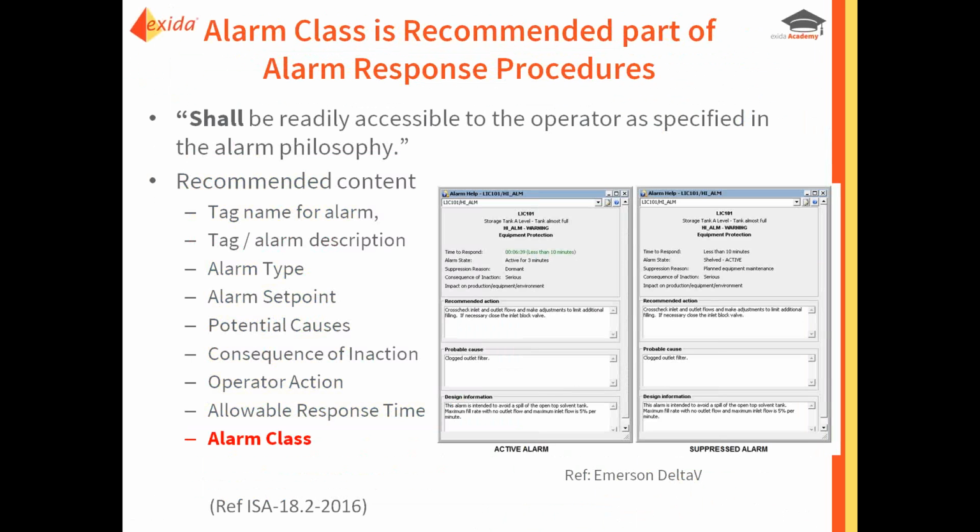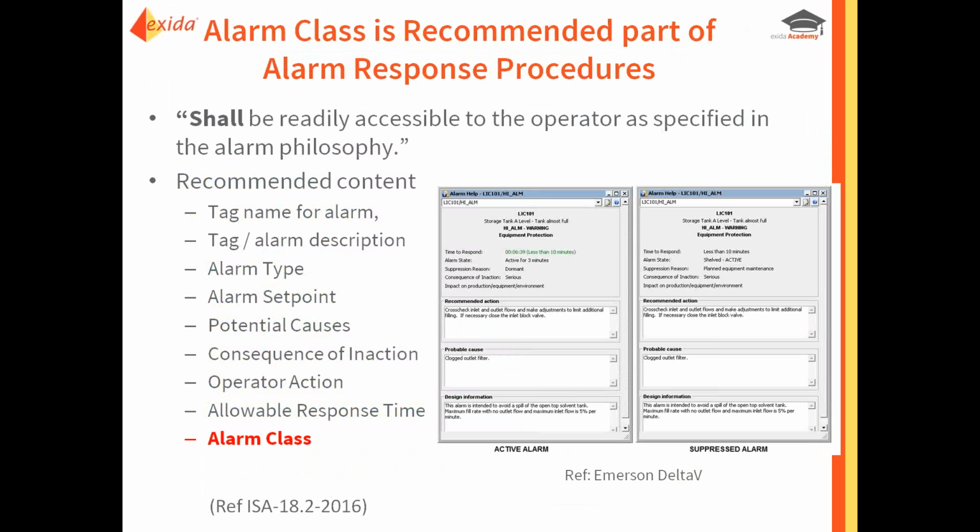Now, class is also mentioned in the requirements discussed around alarm response procedures. What is a response procedure? Well, it's information provided to the operator, essentially to help them know how to respond to the alarm.